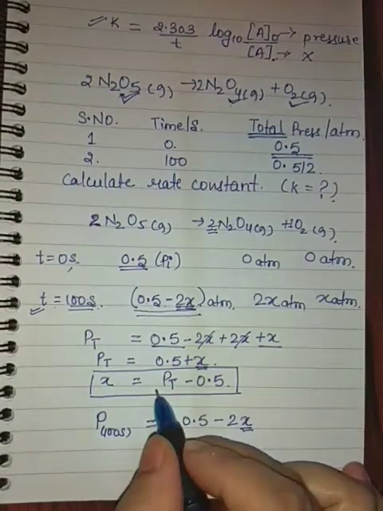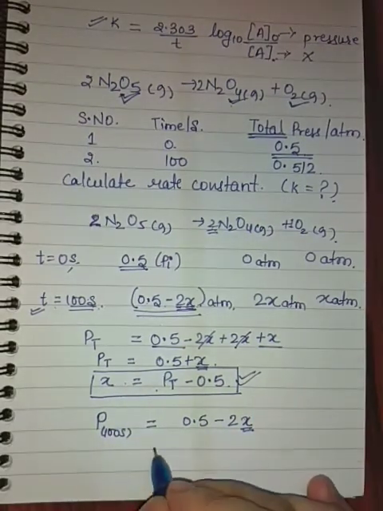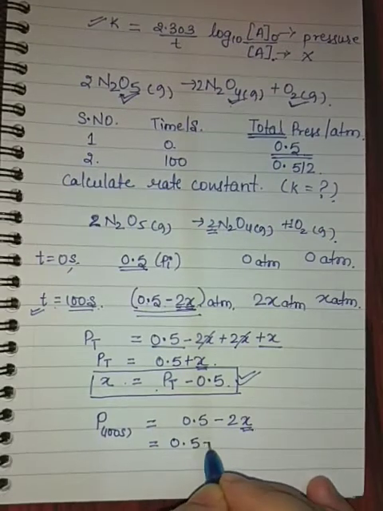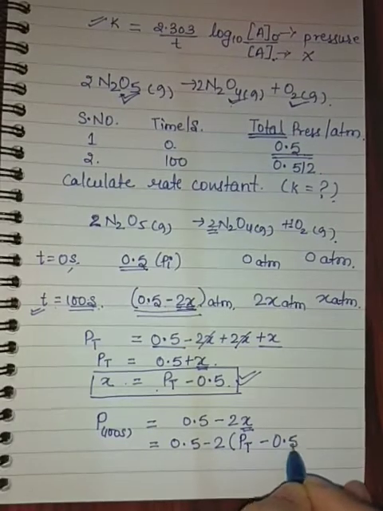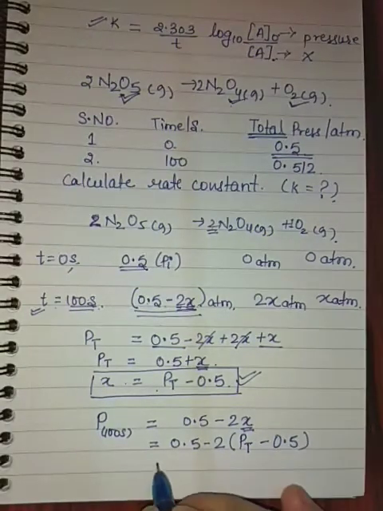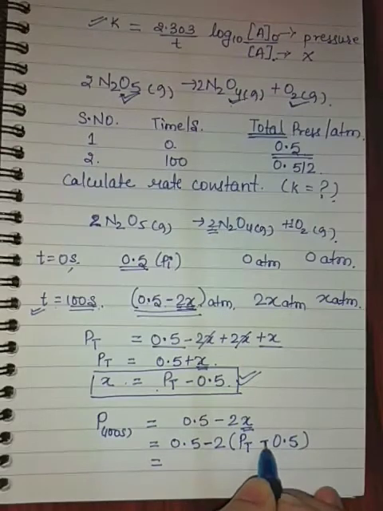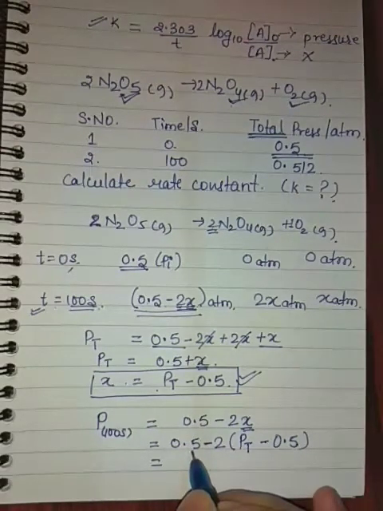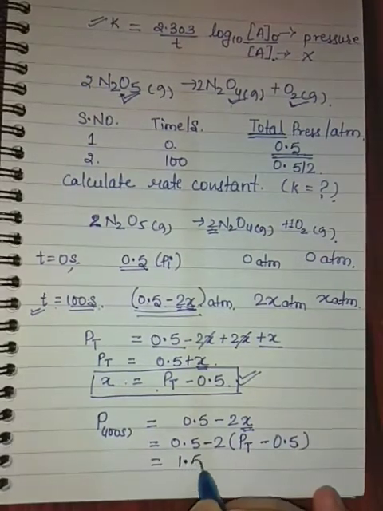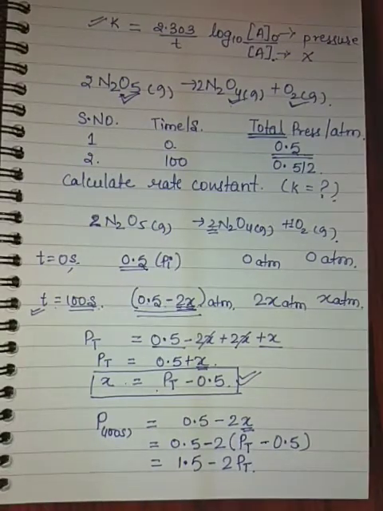We got the value of x over here. We will substitute the value of x in this. 0.5 minus 2 into (Pt minus 0.5). 2 into 0.5 is 1. Minus of minus will become plus, so plus 1 and 0.5 will become 1.5 minus 2Pt.